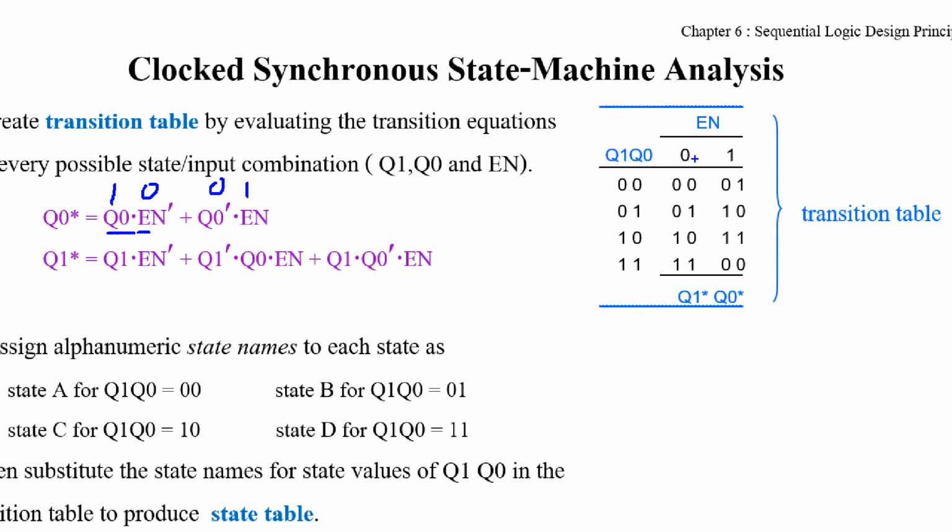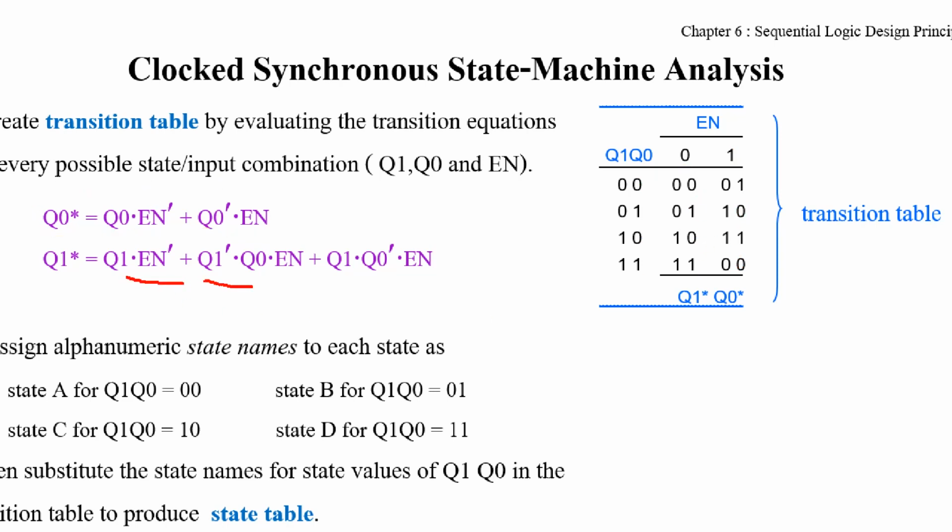So consider En is 0 and Q0 is 1: Q0 is 1 here and here, so it's 1 here and here. For this term, Q0 star is 1 when Q0 is 0 and En is 1. En is 1 here, Q0 is 0 here, so it's 1 here. You can consider something like this. Then for the other places, it will be 0.